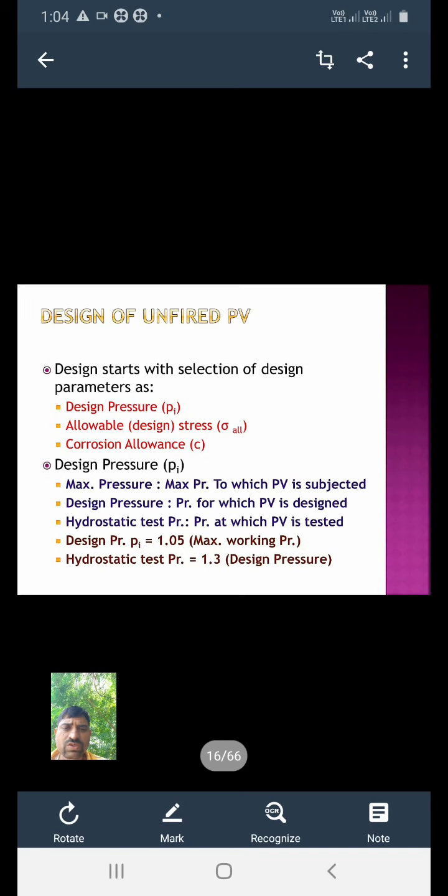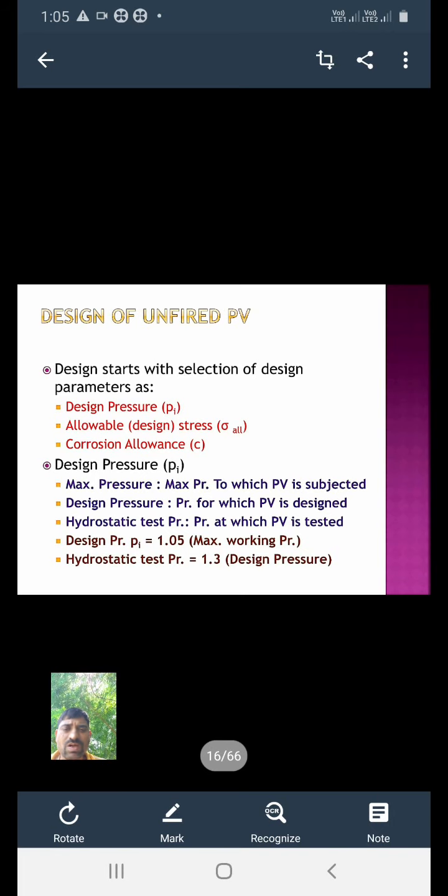What is the hydrostatic test pressure? Hydrostatic test pressure is the pressure at which the vessel is tested before it is put into operation. Before putting the pressure vessel into operation, you have to check it with the help of the hydrostatic test pressure.